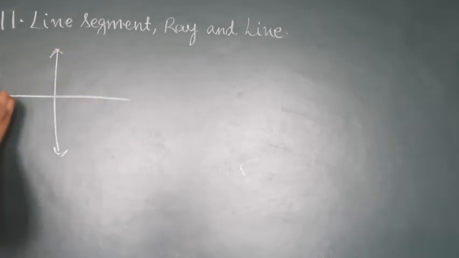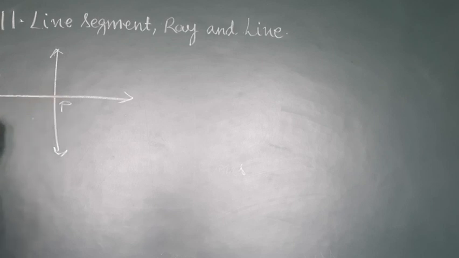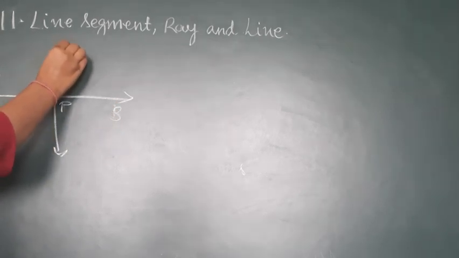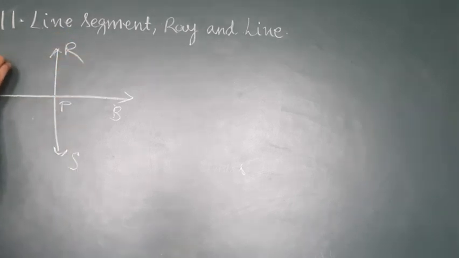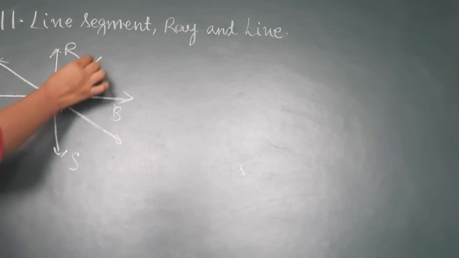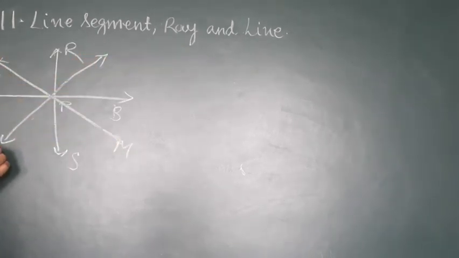These are two lines, so P is the point of intersection between these two lines. But if I draw one more line, so that there are more than two lines, then these lines are said to be concurrent lines.